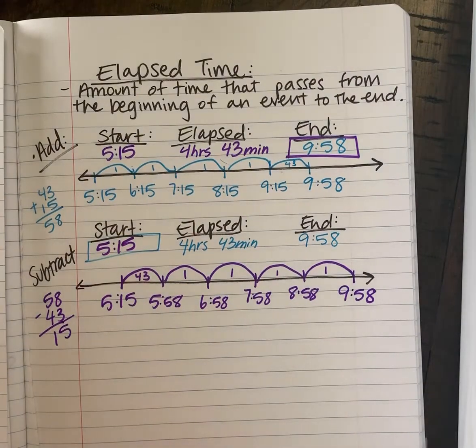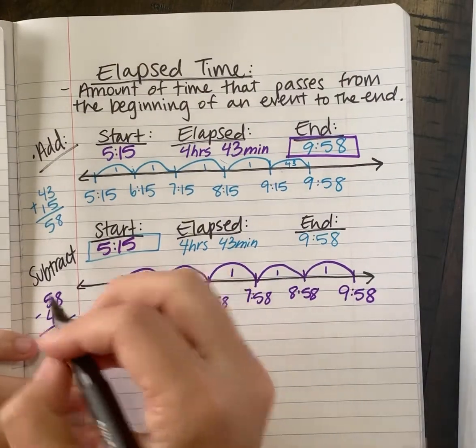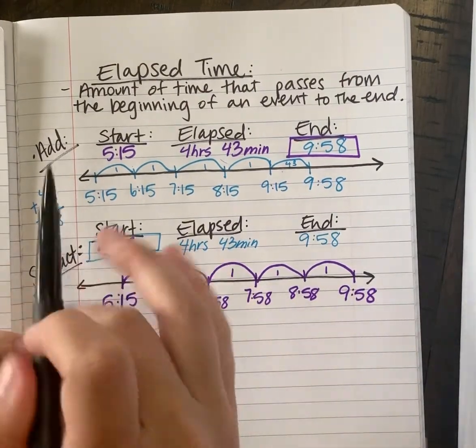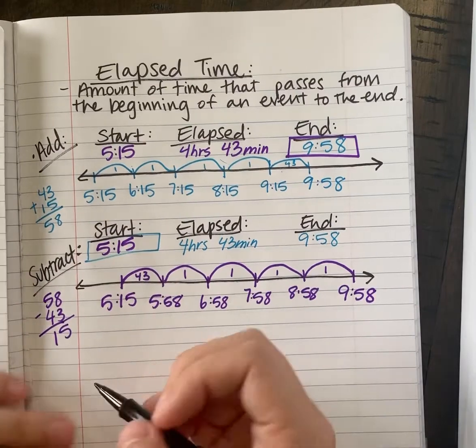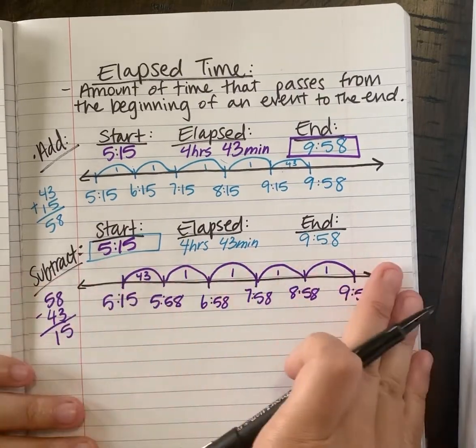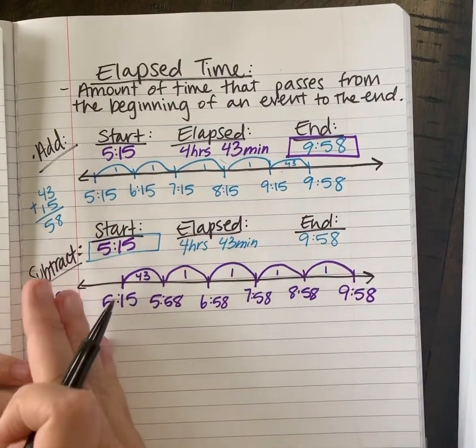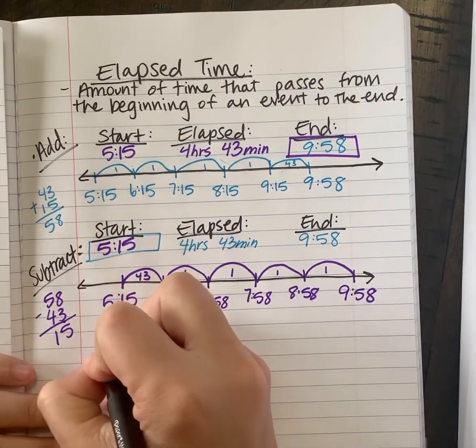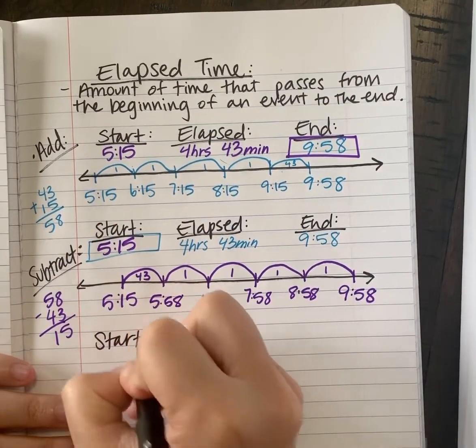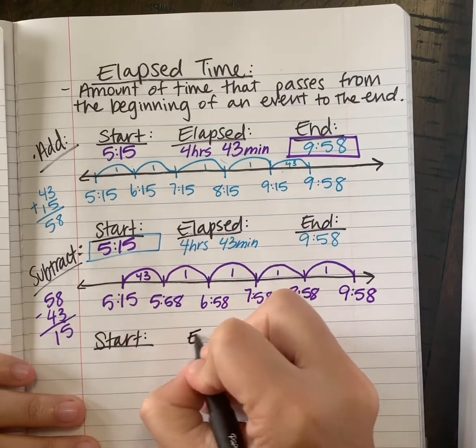Now if they didn't give you the elapsed time, you're solving for elapsed time, you can add or subtract. So that was adding, then subtracting. Now this is add or subtract, depending which way you want to go, if you want to add up the time or subtract back. In this case, they gave you the start time and the end time.